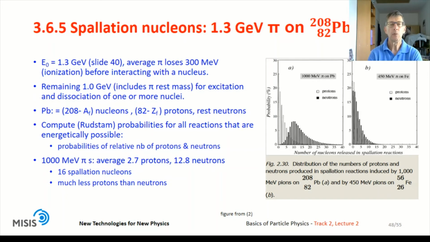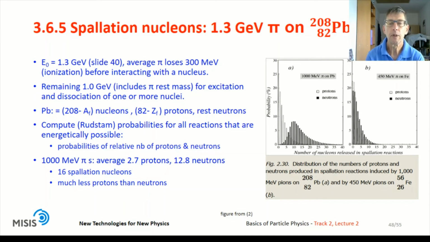And then you can work out all these different cross-sections, and from these cross-sections you can calculate, because you know the number of protons and neutrons you originally had in the lead atom, you can work out what the distribution will be as a probability of protons and neutrons.